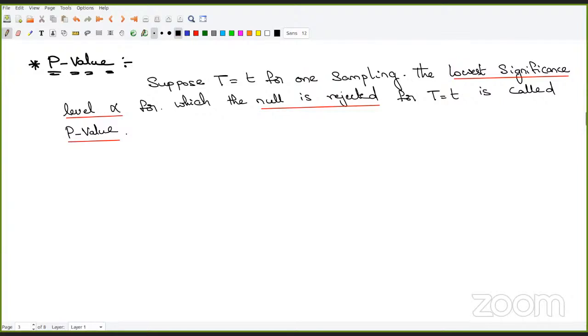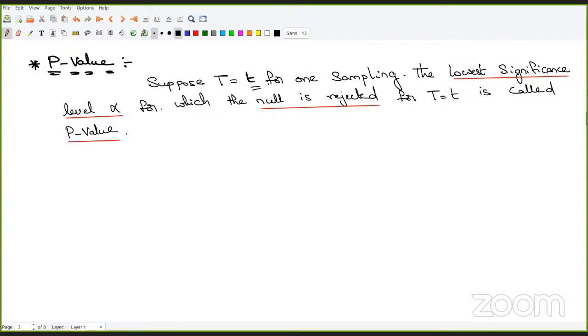When we know the samples, we know the test statistic, and this test statistic will be equal to some value. Let's say it is equal to some small t for one sampling. If you look at one sampling, with n samples inside it, whether it is mean or sum or anything, you compute the test statistic value and suppose that is equal to t.